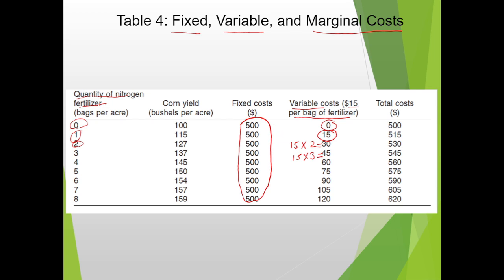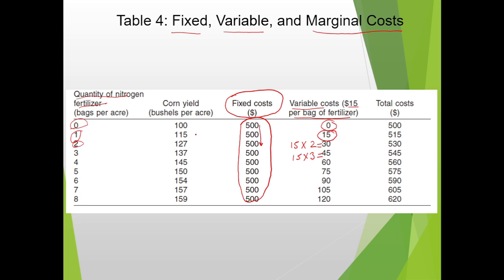As you are increasing your input, your output is increasing, and then there are some expenses which are increasing. So that is your variable cost, right? Fixed cost will remain the same, doesn't matter how much nitrogen fertilizer you use, and it does not depend on the corn yield either. This will remain constant, $500.